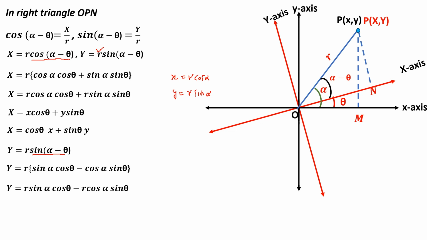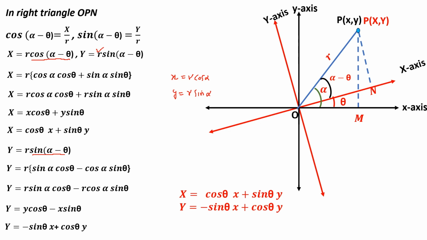Again replace R sine alpha by y and R cos alpha by x and we get capital Y is equal to this. Rearrange it and write it as capital Y is equal to minus sine theta x plus cos theta y. So capital X is equal to cos theta x plus sine theta y and capital Y is equal to minus sine theta x plus cos theta y. These are the equations of rotation.